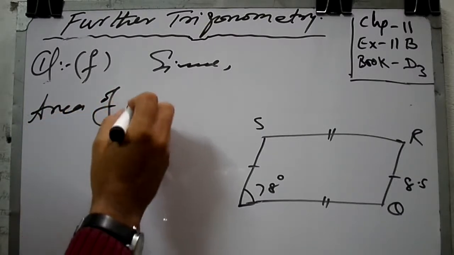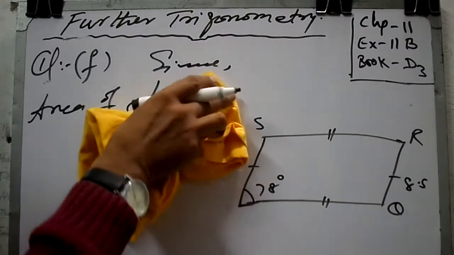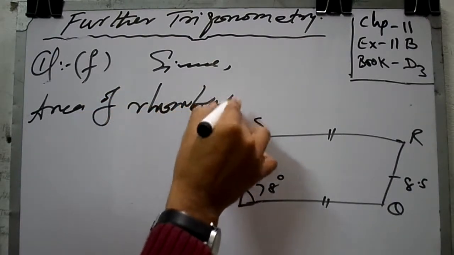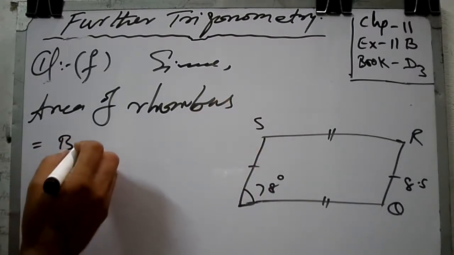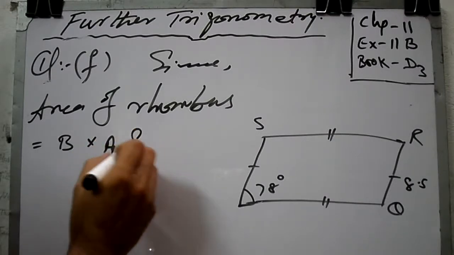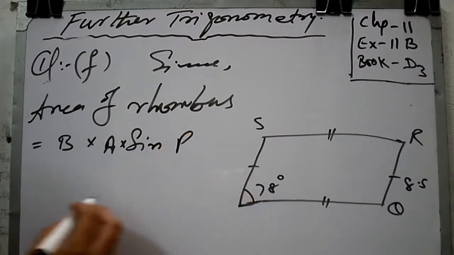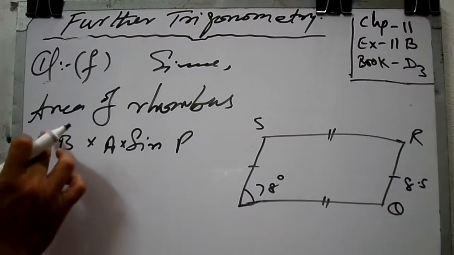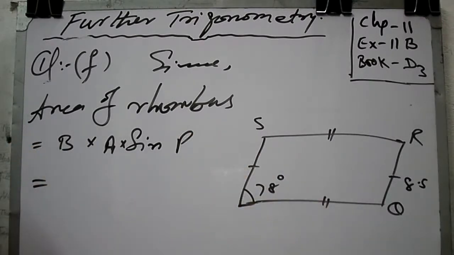So since the area of a rhombus is equal to base into altitude into sine P. So for a rhombus we don't use half, because half is used in a triangle.